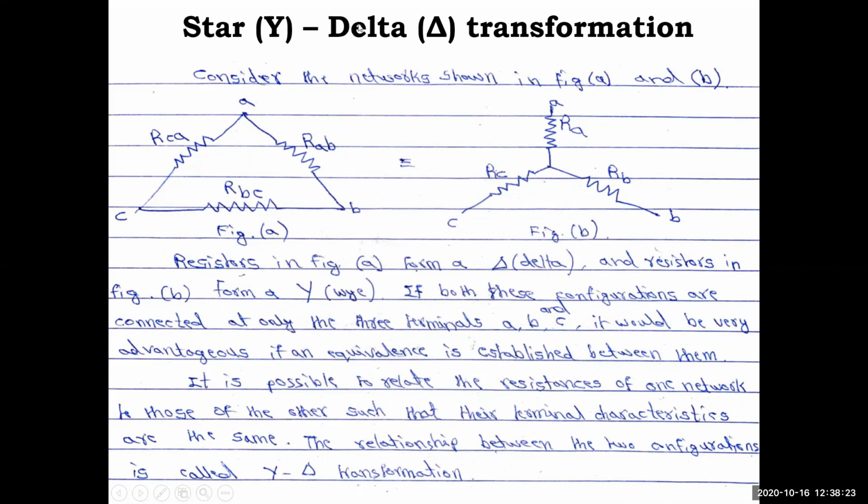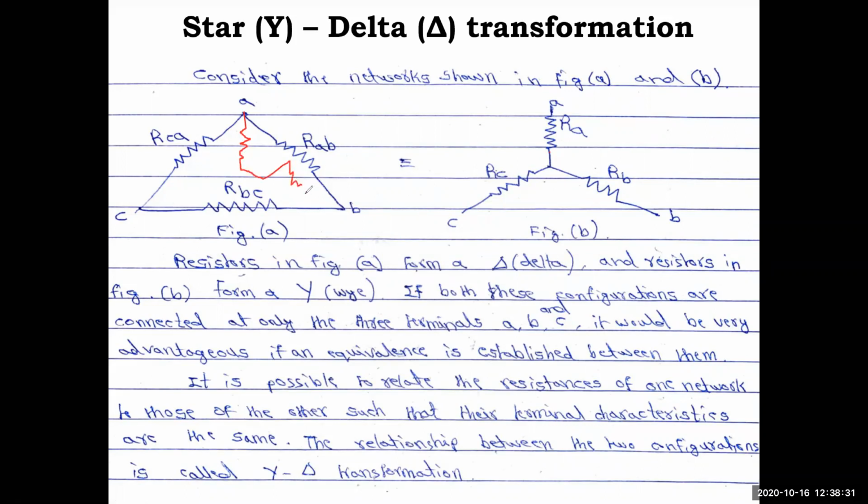Mentally picturize, if I place this network over here, how it looks. That means I'm going to have a correlation here. I have to find out this resistance, which has a relation with these two branch resistances. Similarly, I have to find out the other resistance.